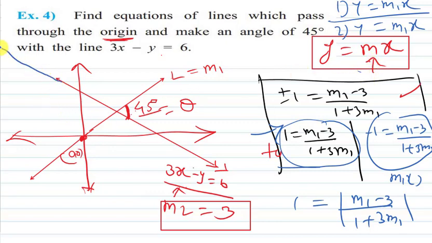Because if I extend this, there might be another line which is making an angle of 45 degrees in this way. This is a rough diagram, that's why it is not exactly 45 degrees. I have just drawn a rough diagram, right?